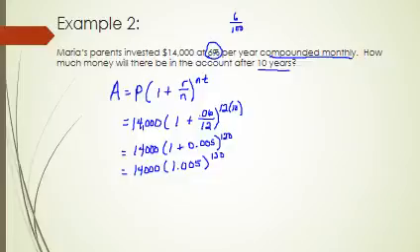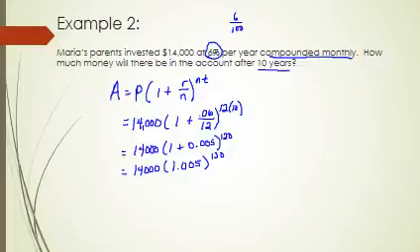So now in my calculator, I'm doing 1.005, and I'm going to raise that to the 120 power. And I get some crazy number. Okay, leave that crazy number in your calculator and multiply it by 14,000.